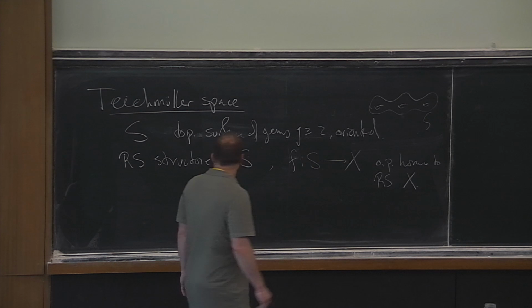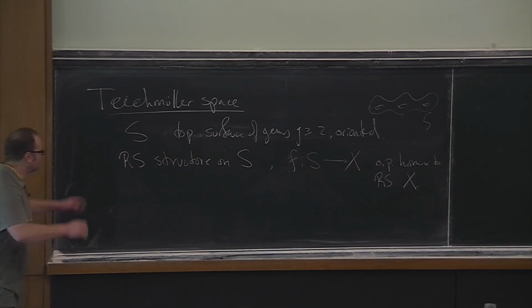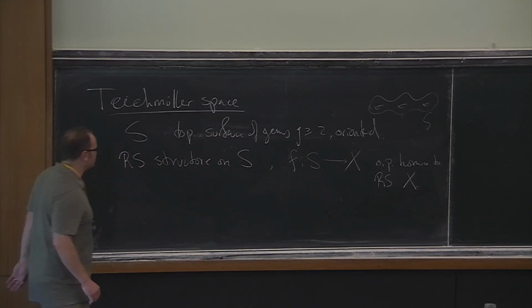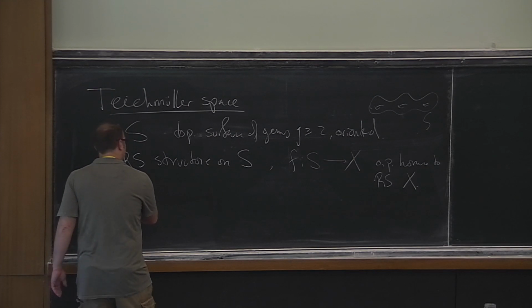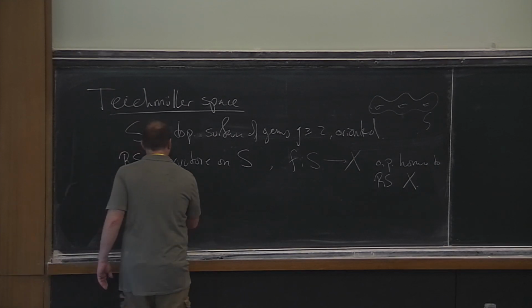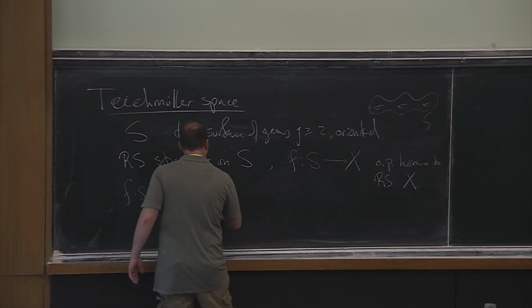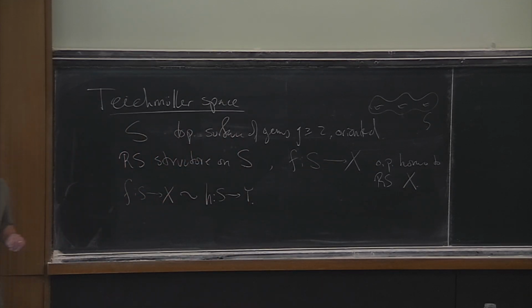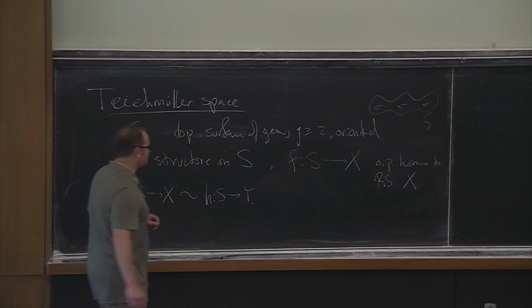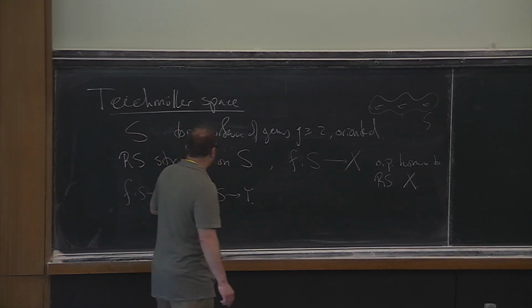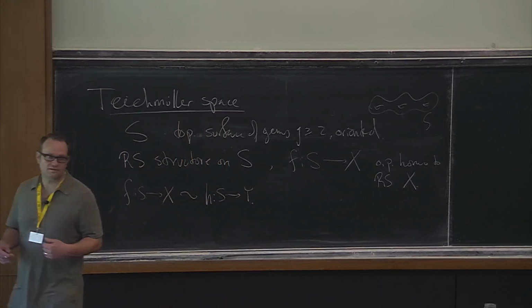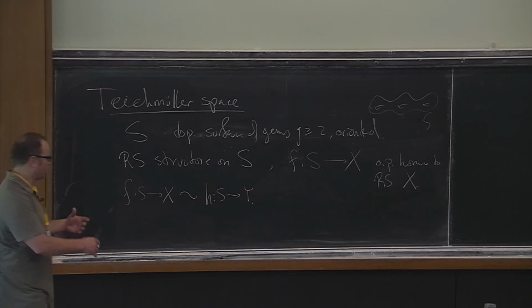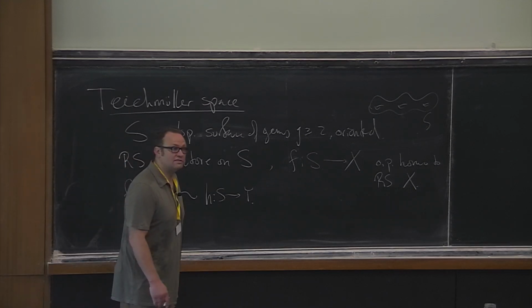So let's be more precise and give the definition of equivalence. Let's define f from S to X to be equivalent to h from S to Y. These are two Riemann surface structures on S. What does it mean to say that they're equivalent? Well, I want X and Y to be holomorphically diffeomorphic, or isometric as hyperbolic surfaces.